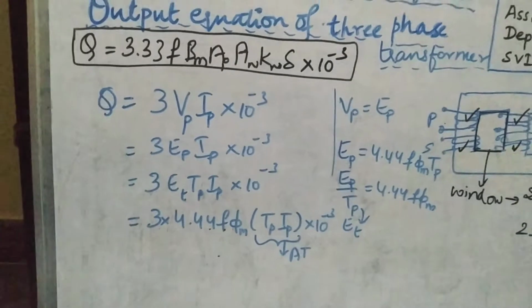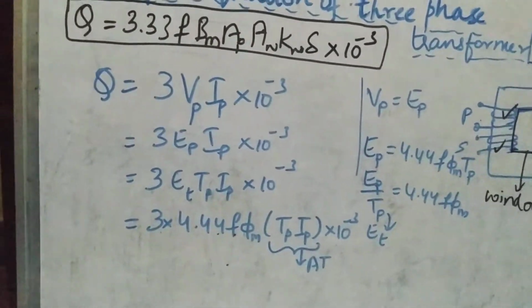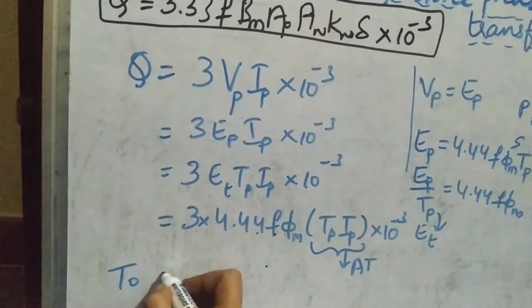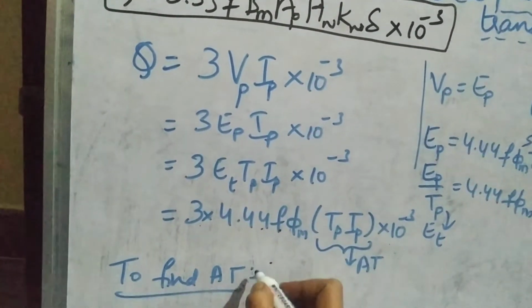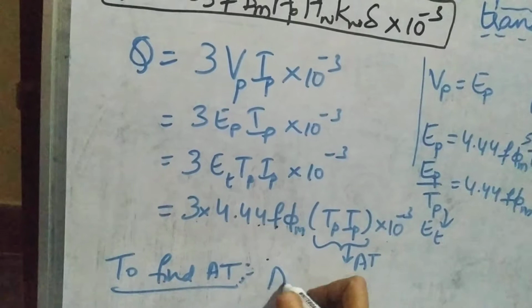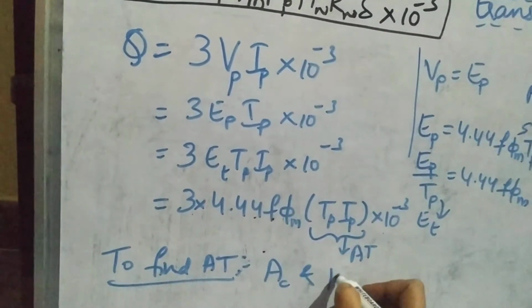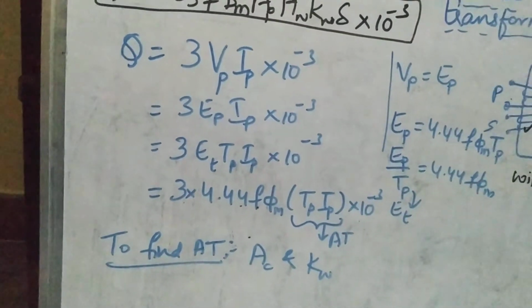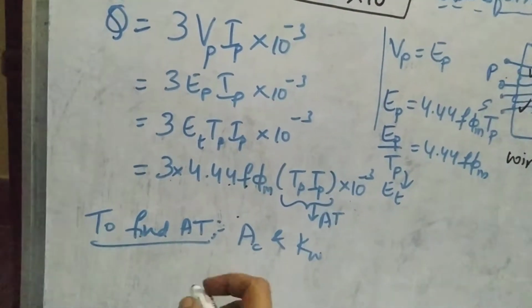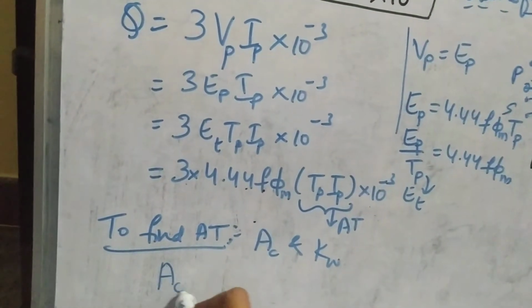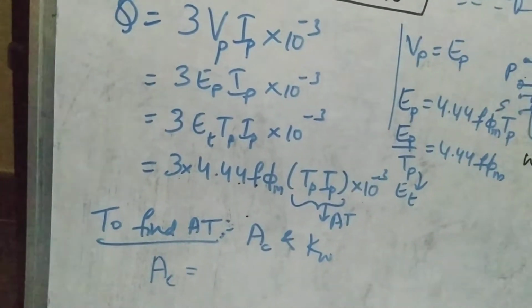To find the ampere turns, we have to find out the AC, as well as realize the formula of the kW. So what is that AC? I told you it is the total area of the copper in the window.